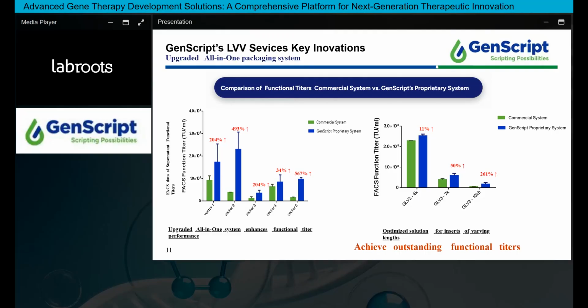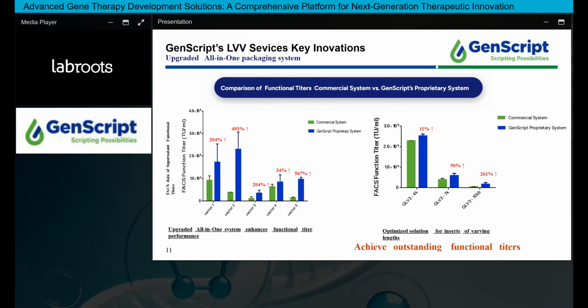As you can see in the chart on the left, our upgraded system, shown in the blue bar, consistently produces a significantly higher functional titer compared with the standard commercial system shown in green. Across a range of vectors, you can see the consistent and substantial boost in functional titer.